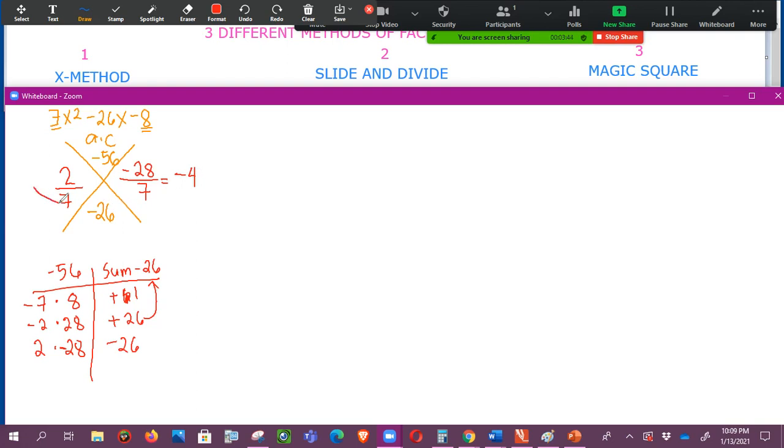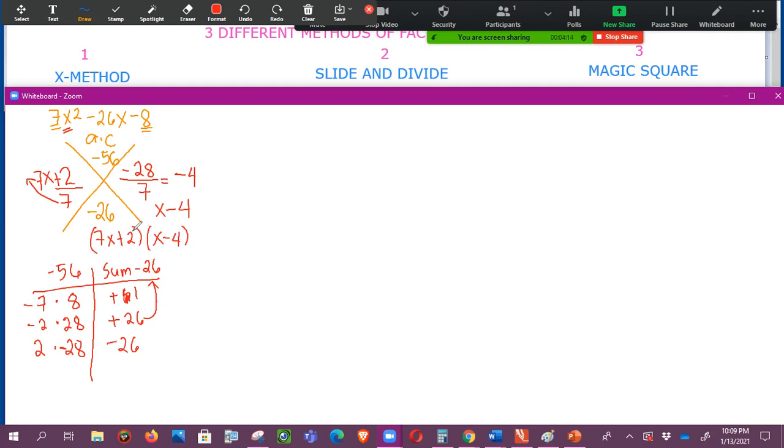You need to pull 7 in front of whatever variable you have in the trinomial. Since that is x, you're going to have 7x plus 2. Here, since this is a whole number, it would become x minus 4. So the factors are 7x plus 2 times x minus 4.